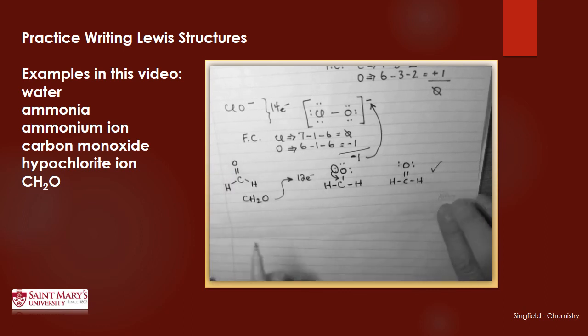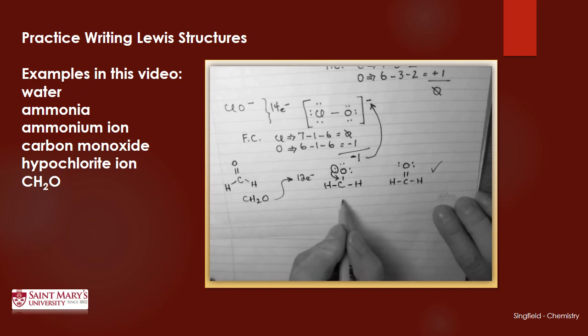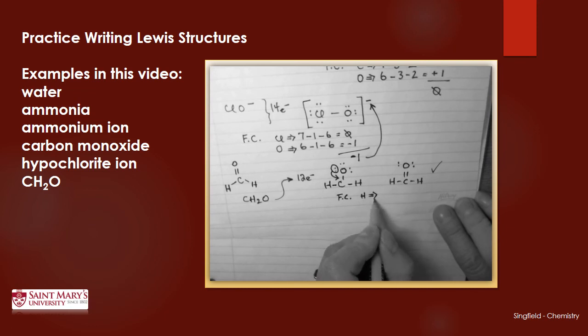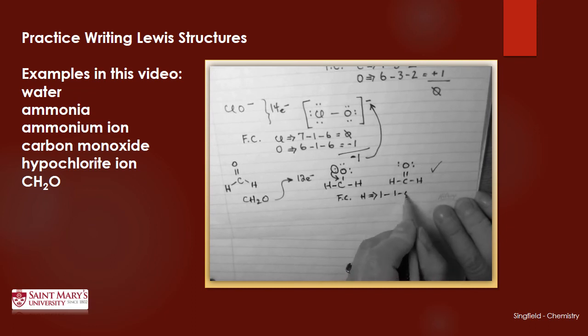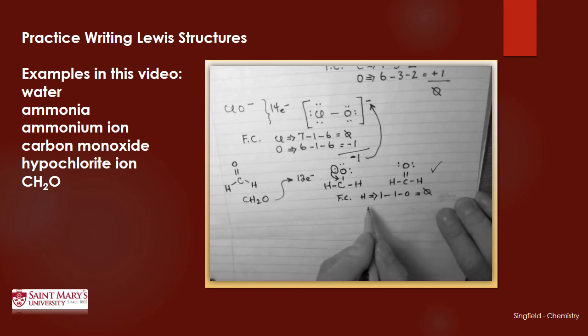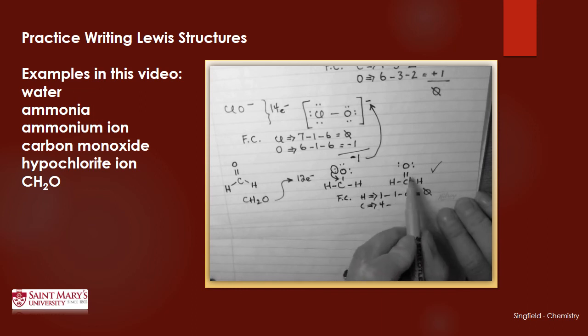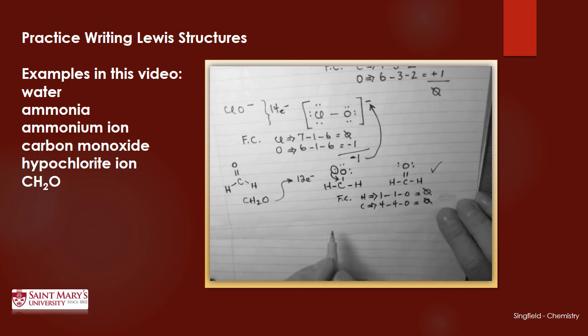Anyway, that's good, and for the sake of completion, we'll do the formal charges for each of the hydrogens because they're identical. I have 1 minus 1 minus 0. For the carbon, I have 4 minus half of the bonding here, 1, 2, 3, 4, minus 0 non-bonding.